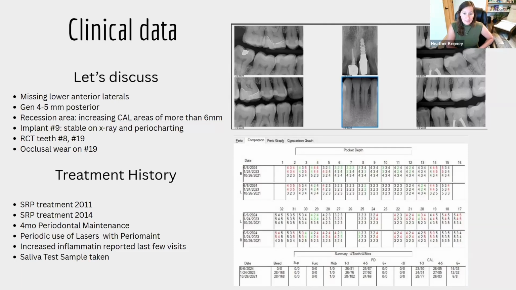We have generalized 4 to 5 millimeter pockets, which have been pretty much the same throughout all of this perio charting. We have number 9 that looks stable. Perio around implant, possibly, depending. The cuff is kind of lower there, but the charting is around a 4.